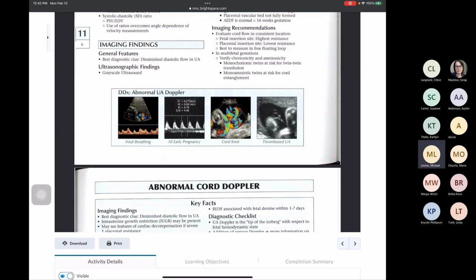There are contraindications for who could have the stress test, namely patients who've had uterine surgery, such as fetal surgery. If you've had 2 or more cesarean sections, you might think twice about doing a contraction stress test. If you have a placenta previa or cervical insufficiency, it wouldn't be a good idea to do a contraction stress test. So there are limitations.